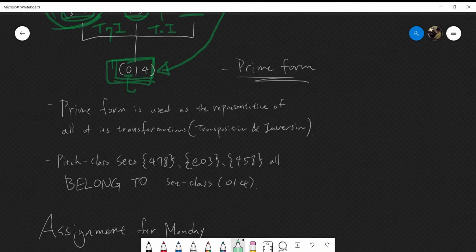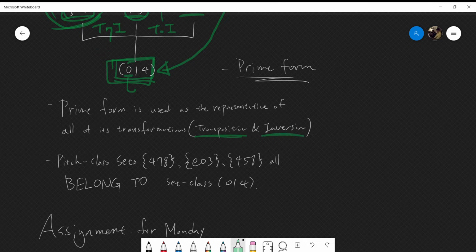And here's a little definition I made. Prime form is used as the representative of all of its transformations, including transposition and inversion. Right.